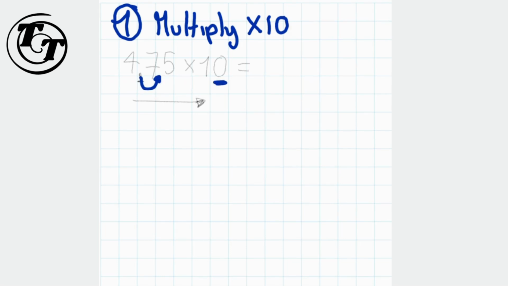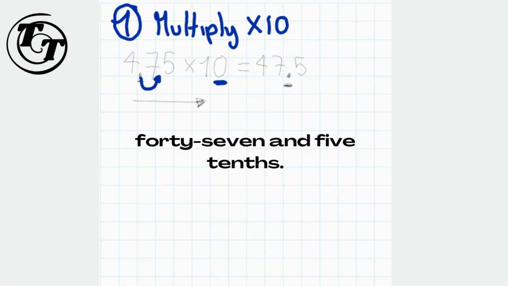How many times? 1. So the result will be that the point is going to be located here, which makes 47 and 5 tenths. Easy peasy.